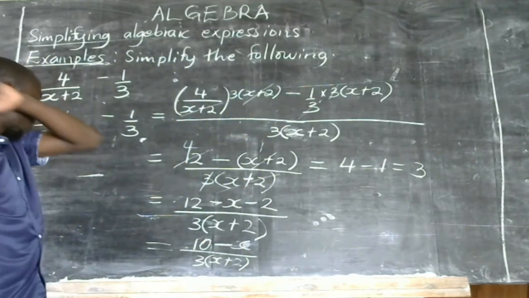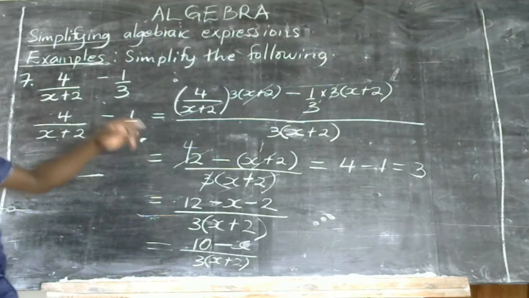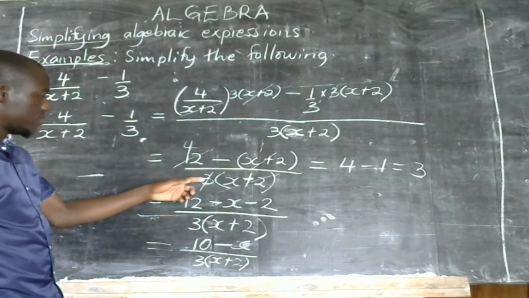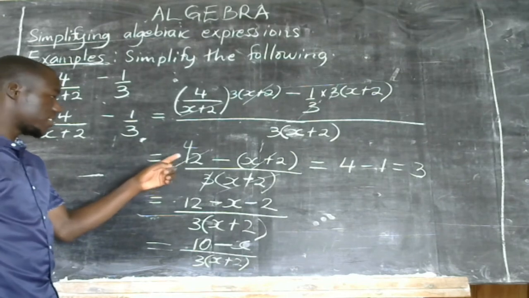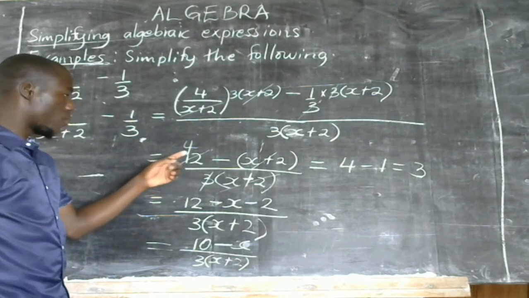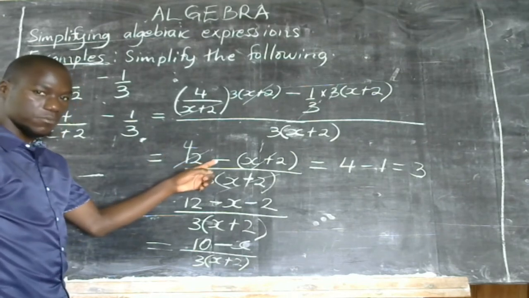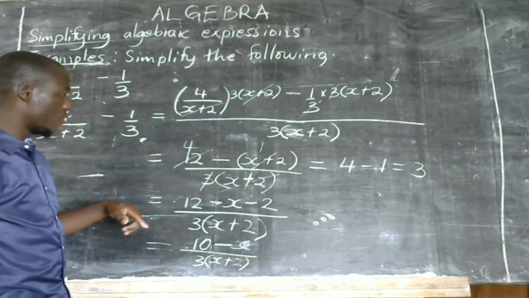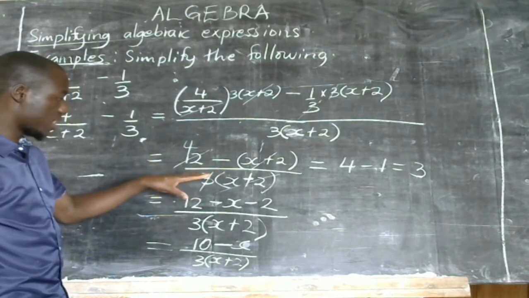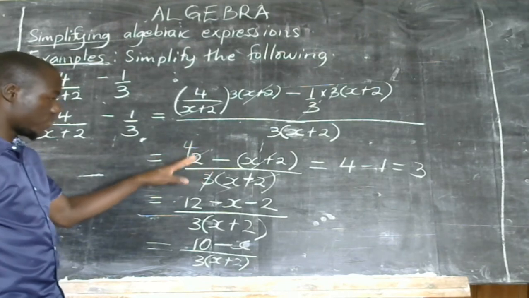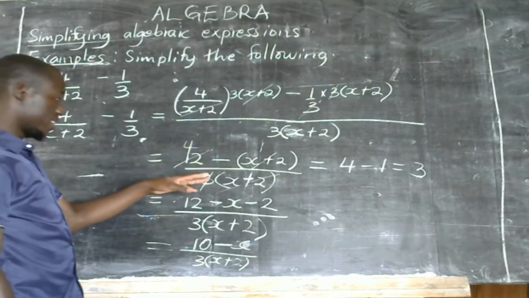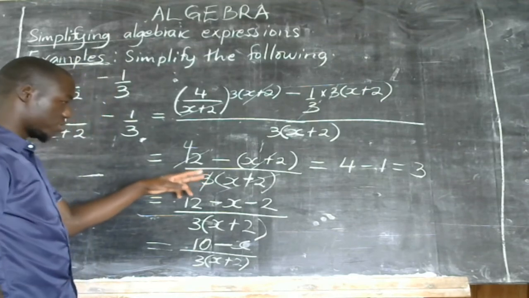This is wrong mathematics. You cannot divide this denominator with the numerator, yet the numerator is still having an operation of subtraction. So whenever you see this, make sure that you don't do this wrong mathematics unless you are having multiplication.